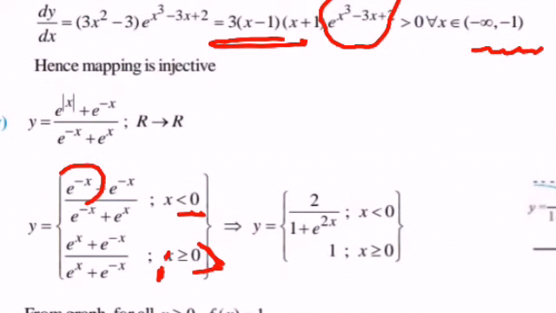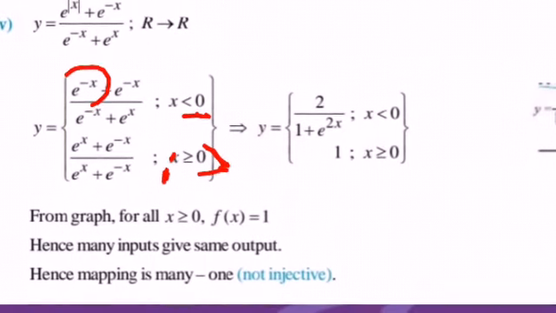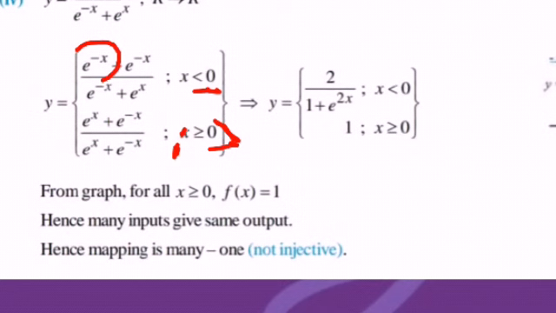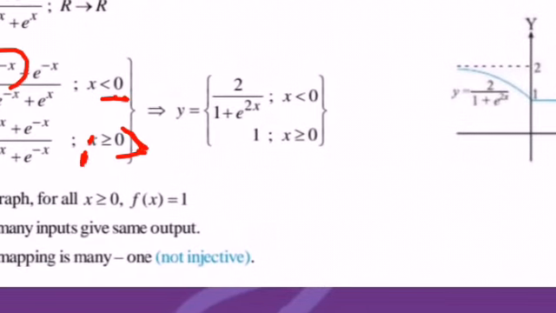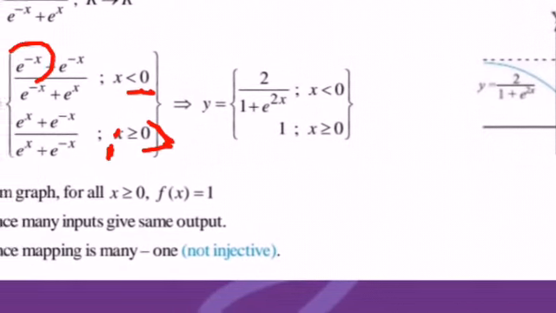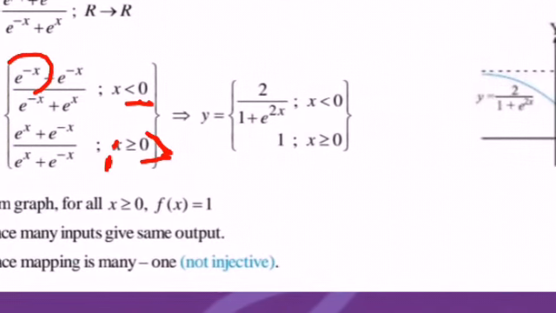After this we will get y equal to 1 for x positive. For x negative, that is 2 upon 1 plus, differentiating this and after solving we get 2 upon 1 plus e to power 2x, for x negative. So here this is a differentiation, dy by dx. On simple solving we get it this way.